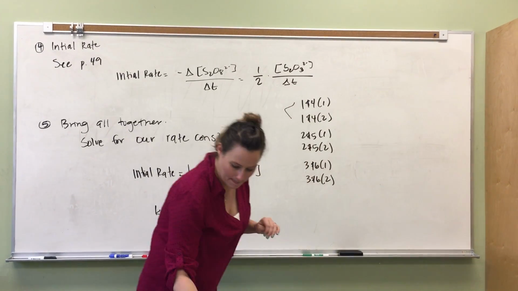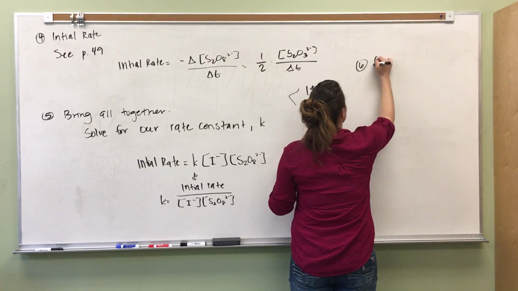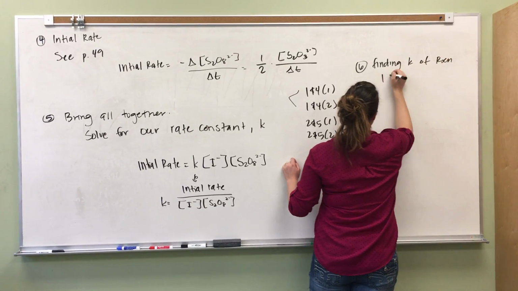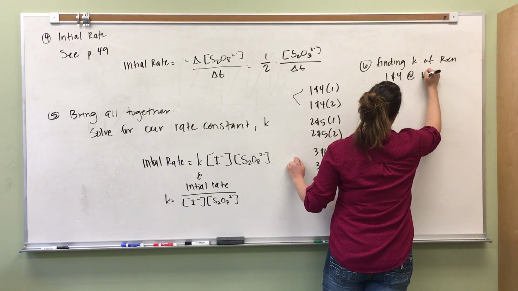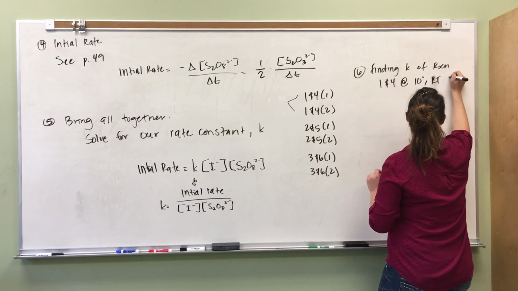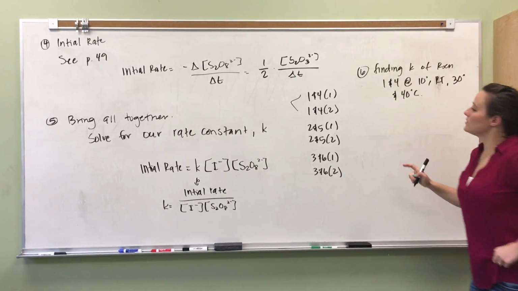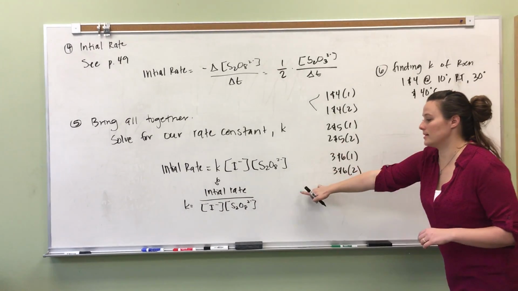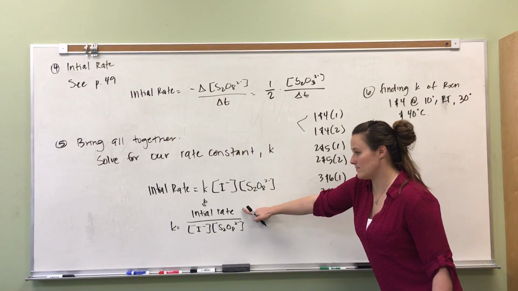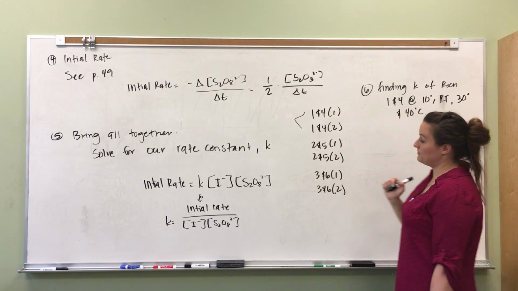So this is going to be 6, finding K of reactions 1 and 4 at 10 degrees, room temperature, 30 degrees, and 40 degrees Celsius. So you will now calculate the K constant for reactions 1 and 4, and these are going to be different, right, because our time is different. So that's how it's going to change.